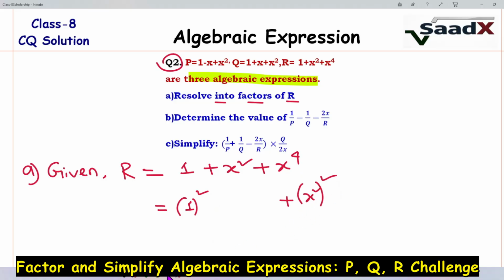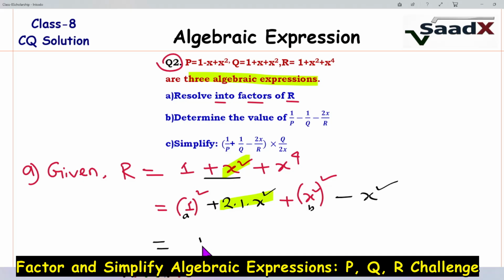Now look, here is plus x square. So we can write like this, plus, if we consider 1 is a and x square is b, so a square plus 2ab, it means 2 times 1 times x square. But here is x square and here is 2x square, therefore we can take out 1 x square, right?